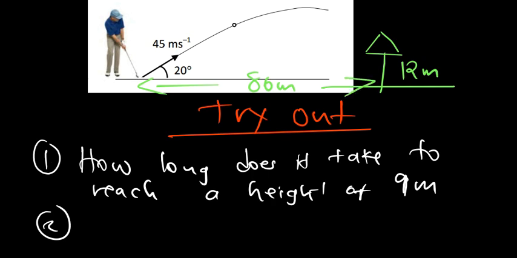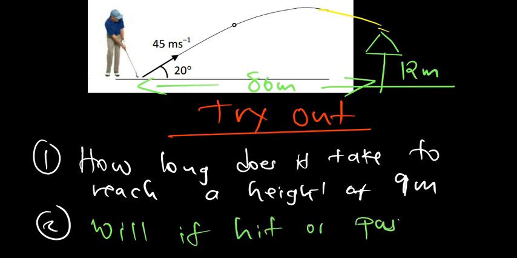Now the question is, is it going to pass over the tree, or is it going to hit the tree? That's what the question is asking. Given that it's 80 meters away in the x direction and 12 meters high, I want you to give us a comment about this question and tell us the answer.